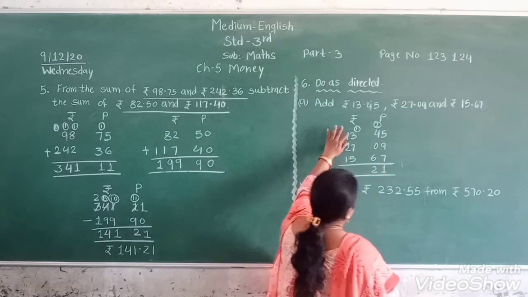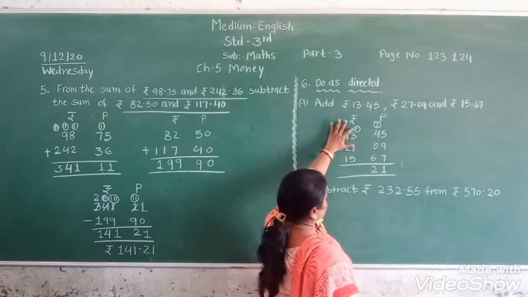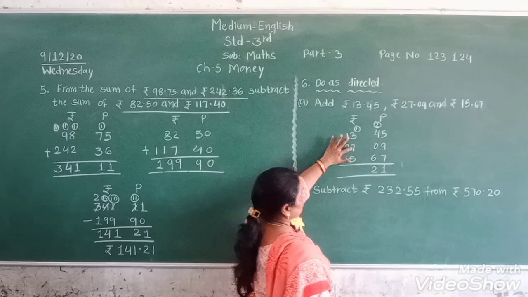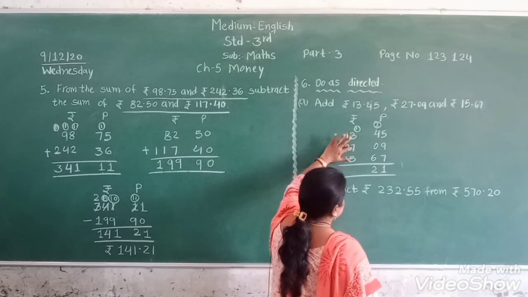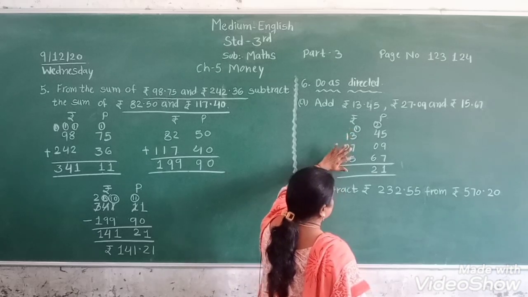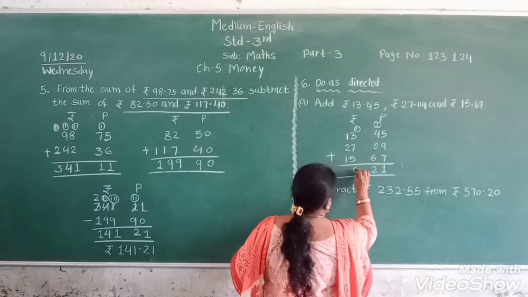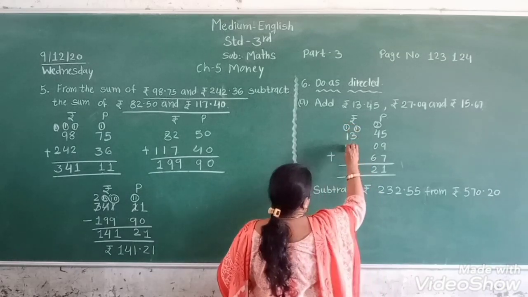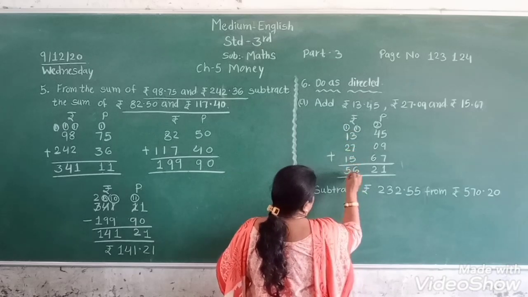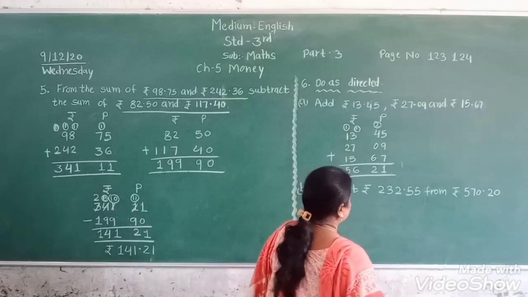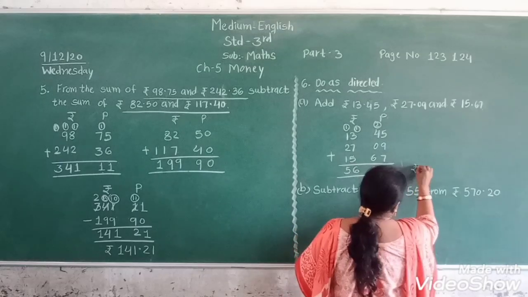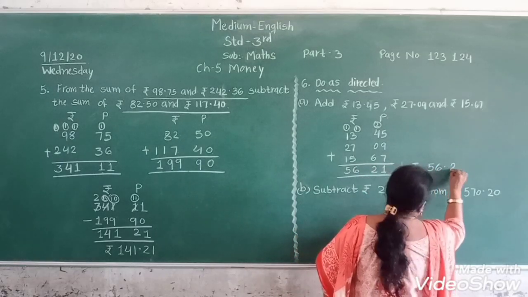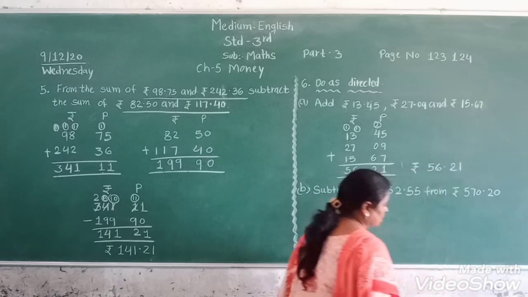Now 3 and 1, 4, 4 and 7, 11, 11 and 5, 16. So 6 right, 1 carry over, 1, 2, 3, 4 and 5, 56 rupees 21 paise. So here we write rupees 56 and 21 paise.